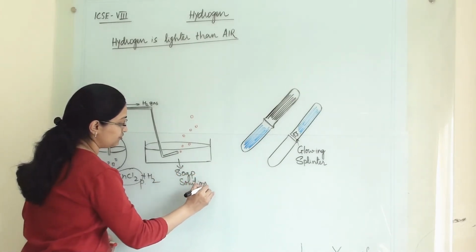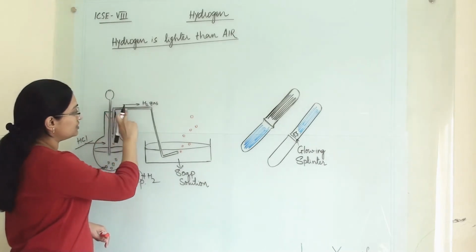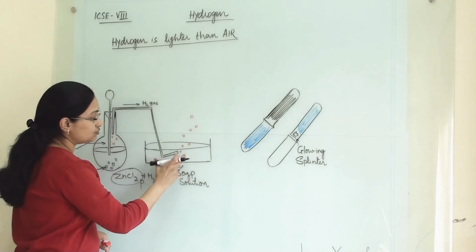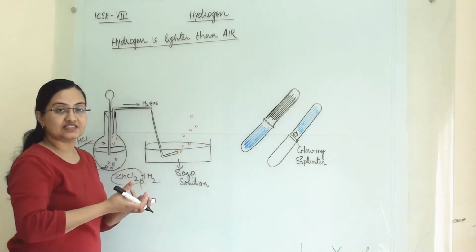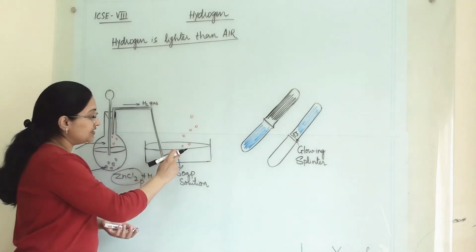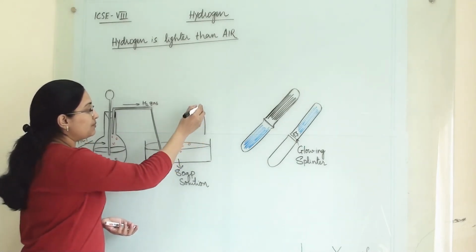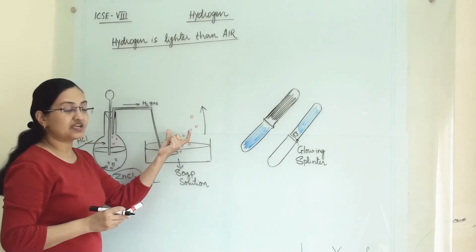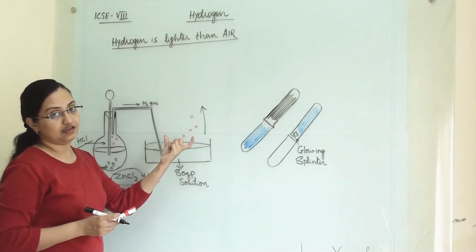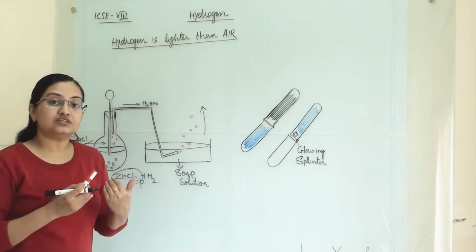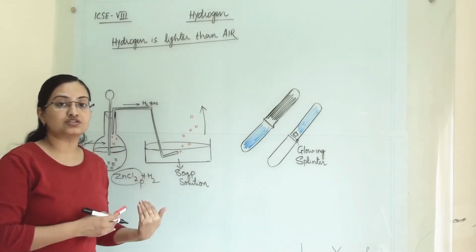When the hydrogen gas travels through this gas pipe and comes here, through the soap solution, whatever gas is evolved out through this gas tube, those bubbles will go up in the air. It suggests that hydrogen gas is lighter than air. We know this reaction, so we knew the result and the products of this reaction.